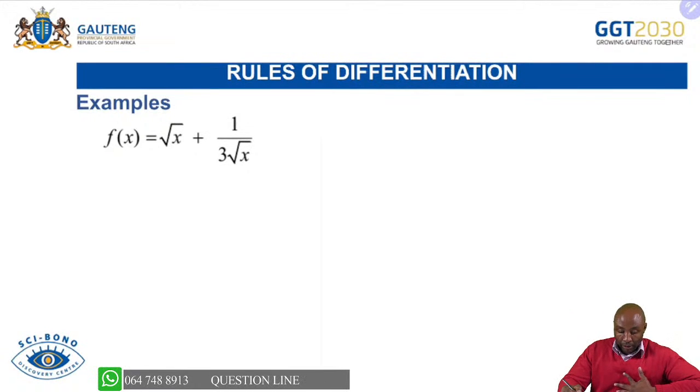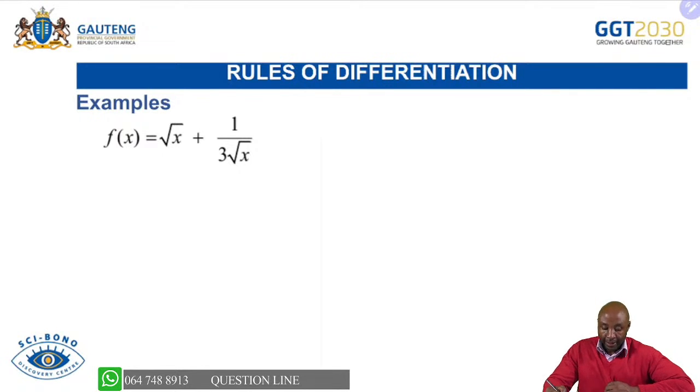Right, I hope we have managed to work on this one. This one requires us to know our laws of exponents and surds. Now, to evaluate this one, we need to first of all make sure that our variables are in exponential form.